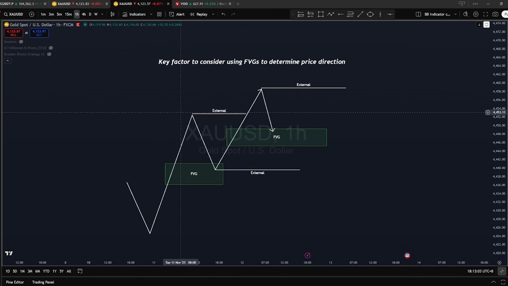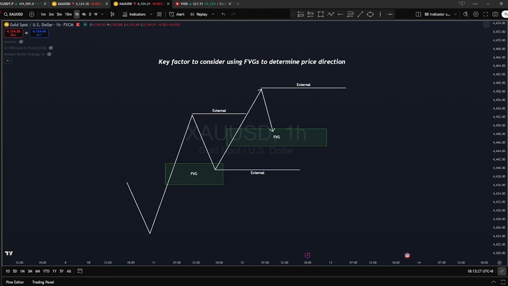So whenever price takes out a swing point of liquidity, good. External high taken out. So what is price going to naturally do? Move towards an internal level of liquidity, which is what? Fair value gaps.